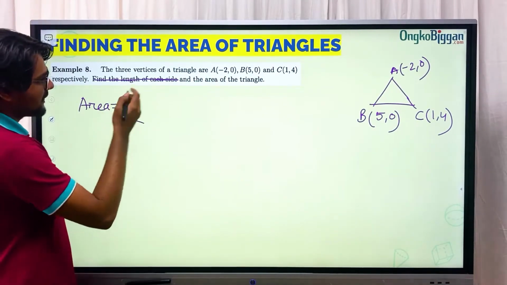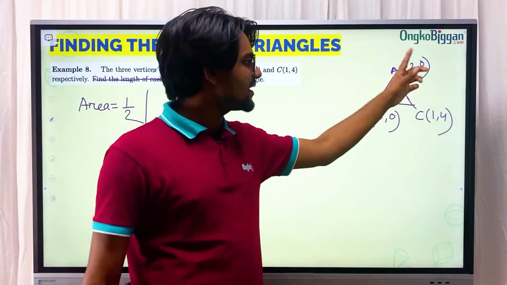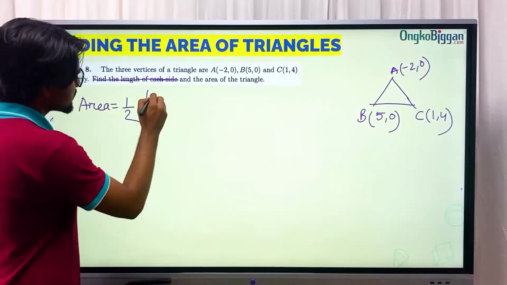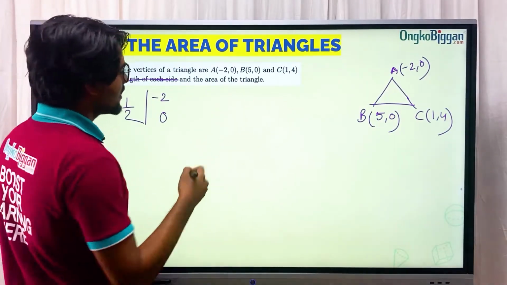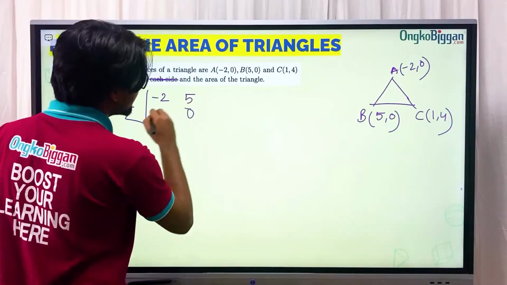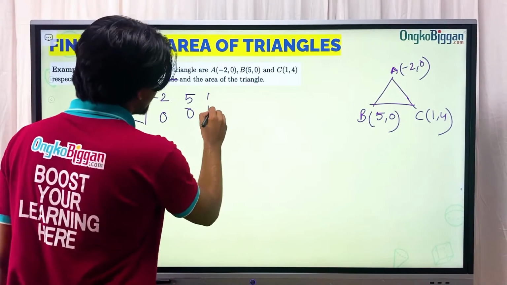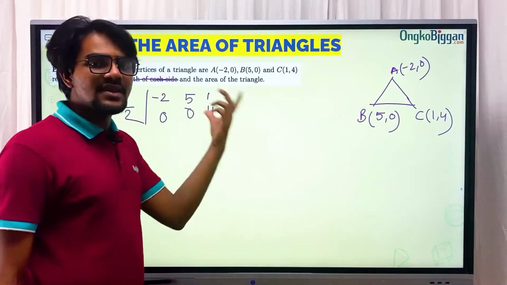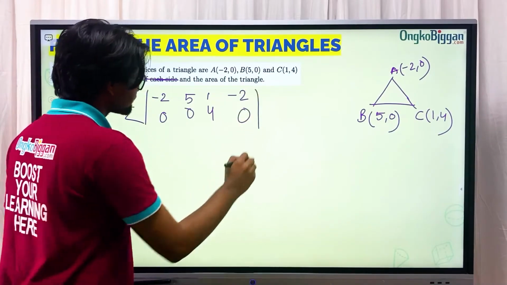Then first we write the coordinate of the A vertex: -2 here, 0 here, then the B vertex 5 here, 0 here, and then the C vertex is 1, 4. And then we again repeat the coordinate of the A vertex, that is -2 and 0.